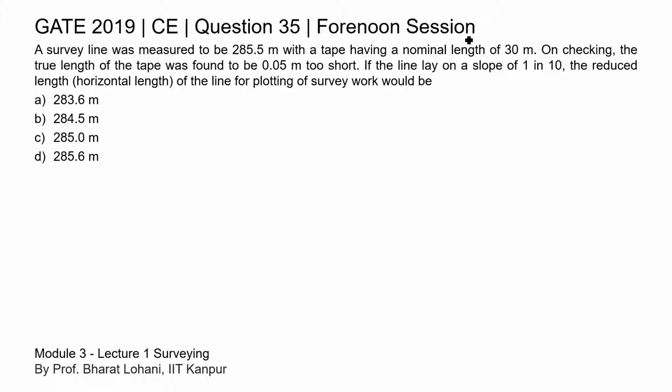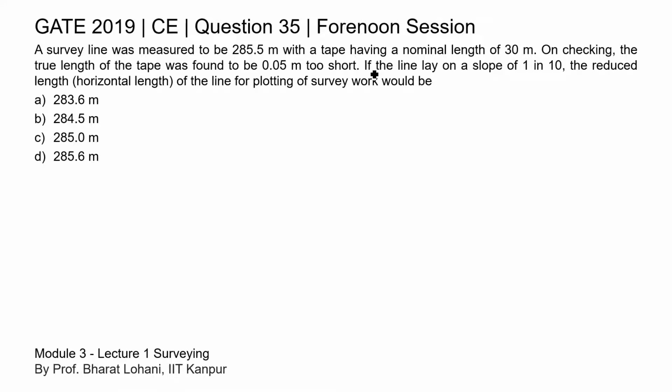But the tape which is used to measure this length was found to be 0.05 meter too short. So there will be one correction due to wrong length of tape. So here we can find the correction due to wrong length of the tape.